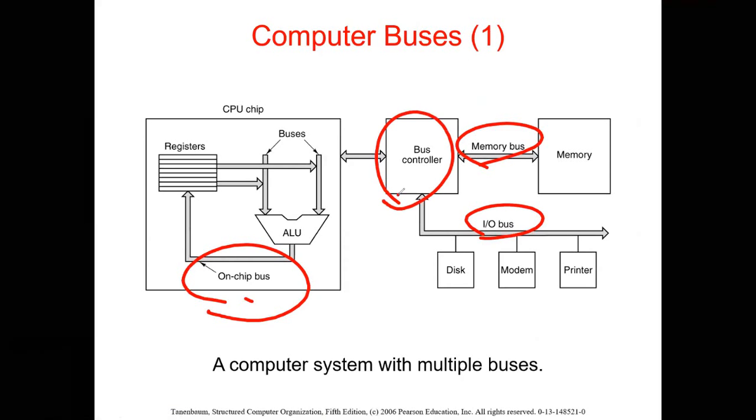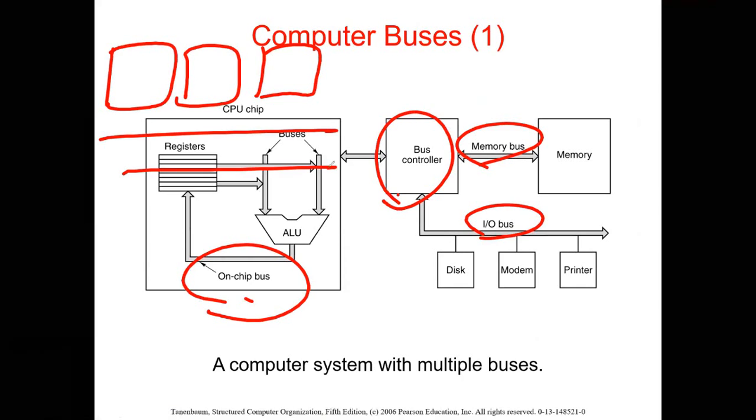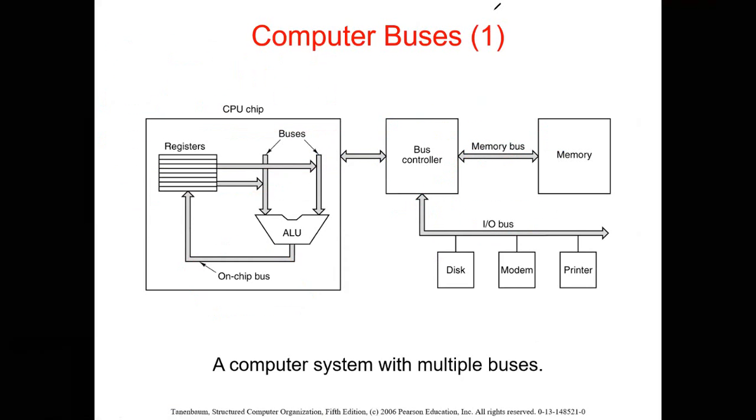Conceptually, the chips are connected to the 3 buses, but physically it's not. You talk to the bus controller first to gain arbitration, and then you actually have control of a certain bus. Is that okay?